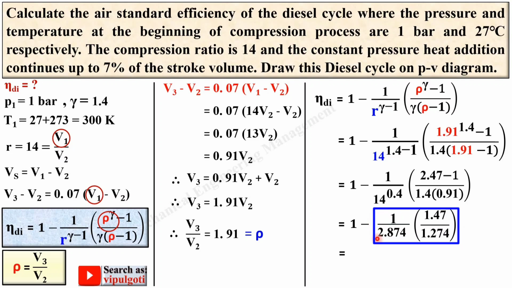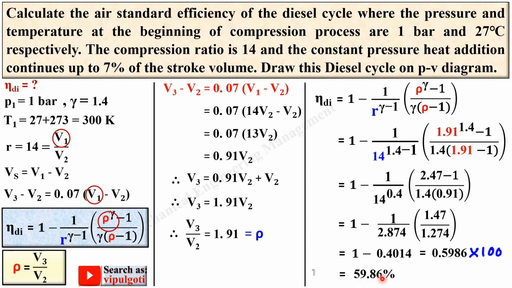Now simplify this whole term so that you will get 0.4014. Simplify again, so you will get 0.5986. You know efficiency is always in percentage, so multiply by 100 so that you get the efficiency of the diesel cycle in percentage. And this is actually your answer.